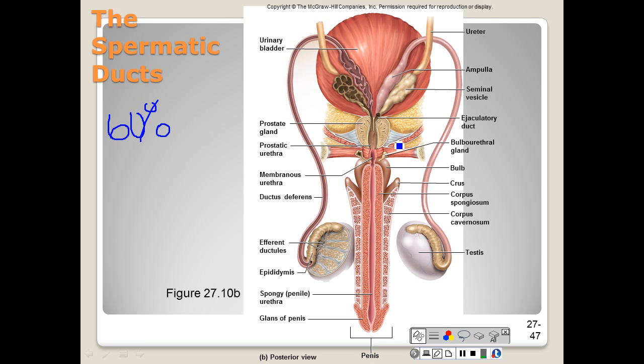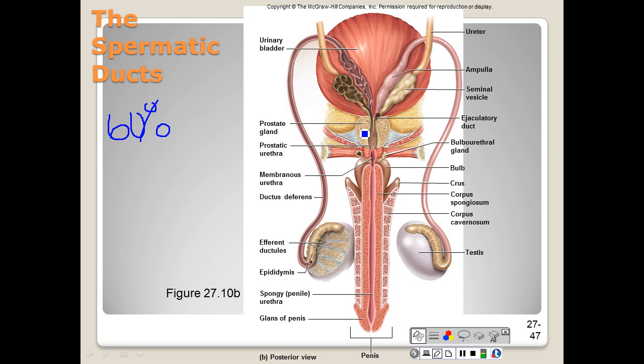It measures approximately 2 by 4 by 3 centimeters, and is an aggregate of 30 to 50 tubuloacinar glands in a fibrous capsule. This gland empties through about 20 pores into the urethral wall. The stroma consists of connective tissue and smooth muscle like that of the seminal vesicles.